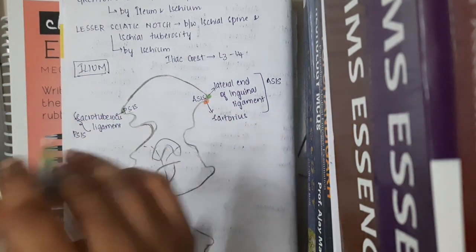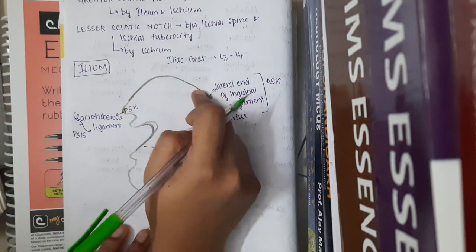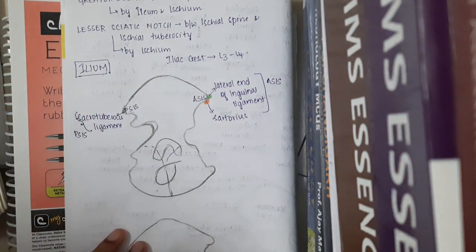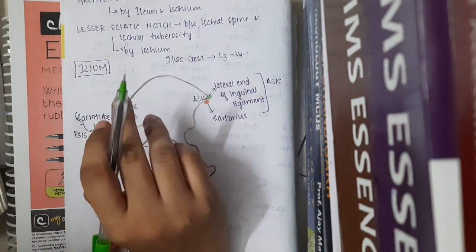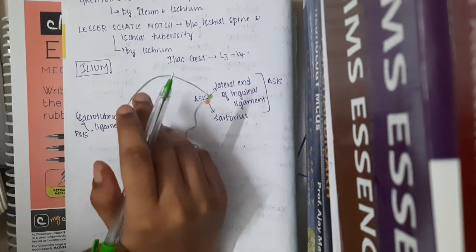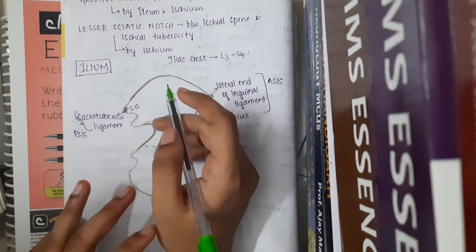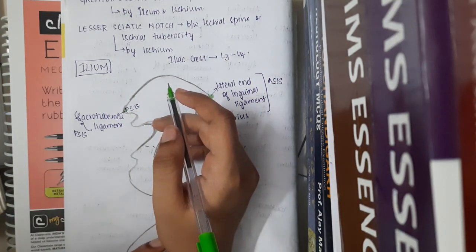Now, this is the iliac crest. This iliac crest has two surfaces, one which is the ventral surface and the other the dorsal surface.